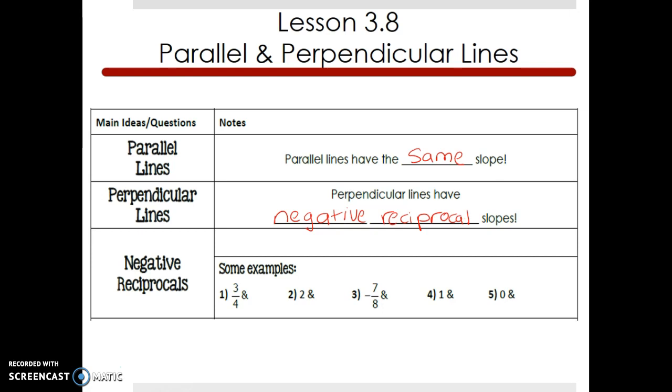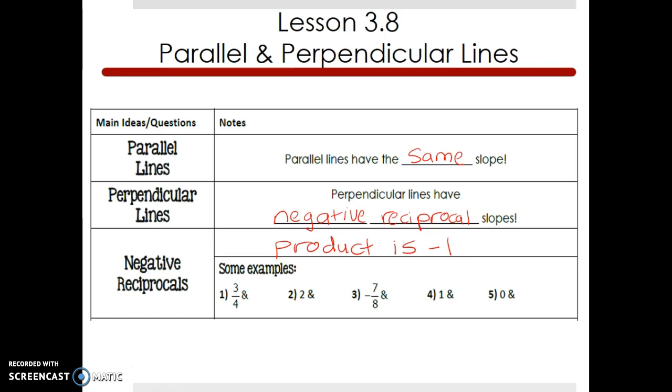If you do not remember what negative reciprocal is, it's when you flip a number and make it the opposite sign. So negative reciprocal slopes, when you multiply them, you get -1 as your answer.